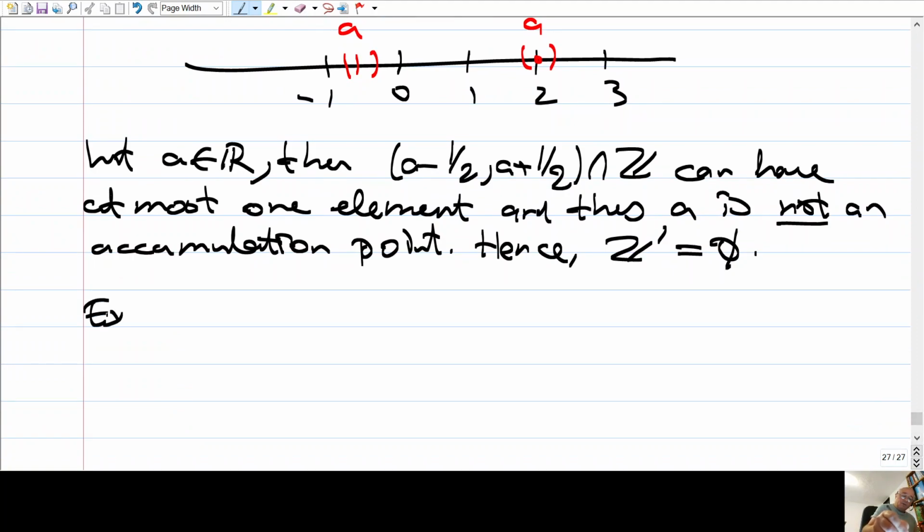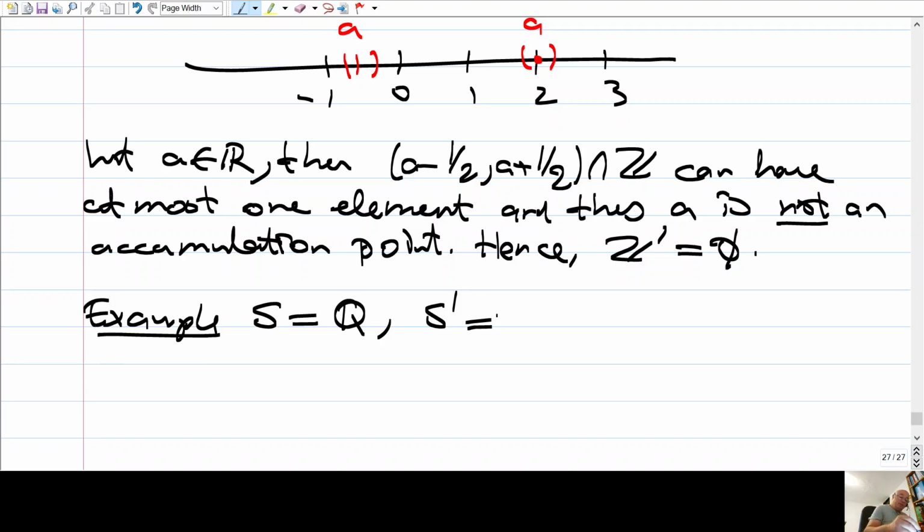What about this? Let's choose S to be the set of rational numbers. What about the derived set of this? What are the accumulation points of Q?